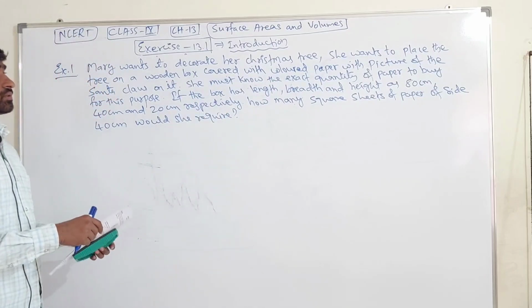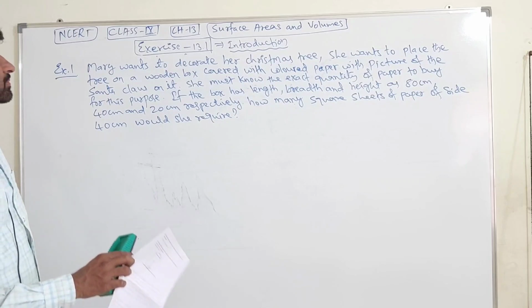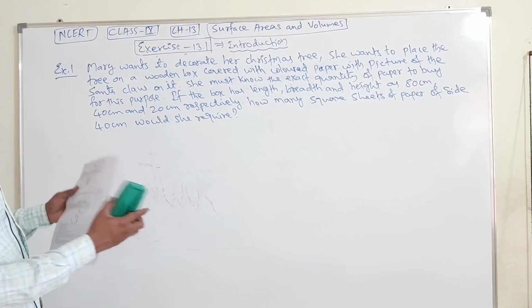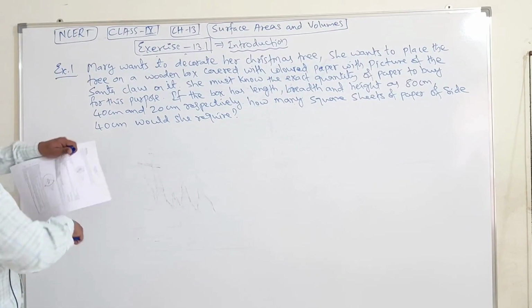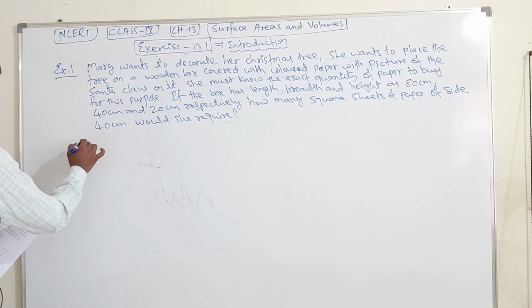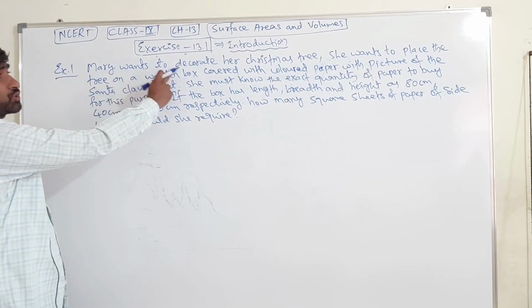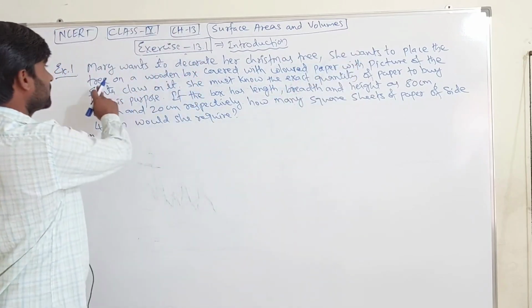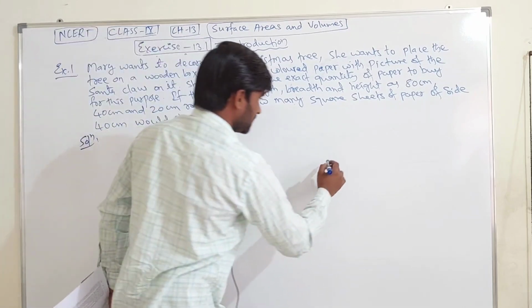Okay, so this is the first example, a very simple question. Let us see the solution. Mary wants to decorate her Christmas tree, so she wants to place the tree on a wooden box. So here is one wooden box.